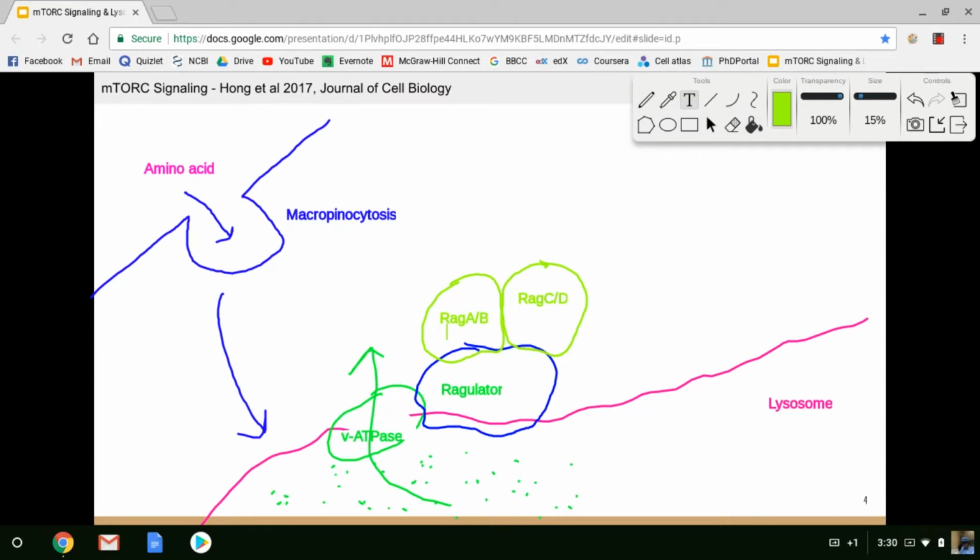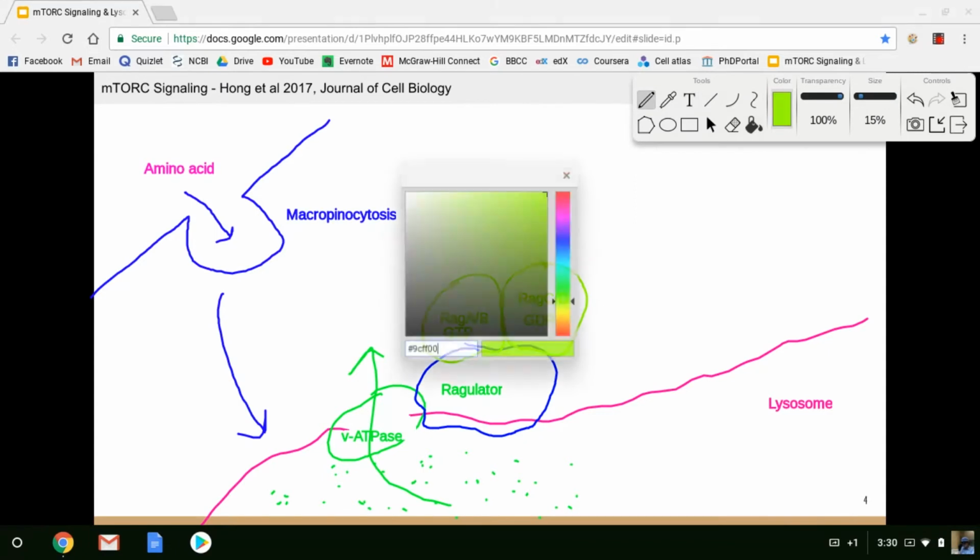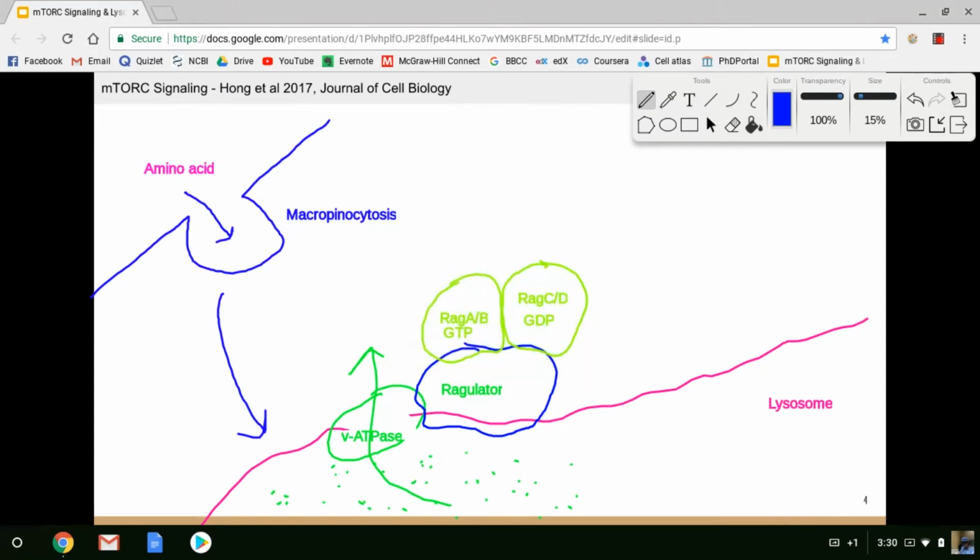But when Ragulator is activated by this VATPase, it gives GTP to RagAB, and it gives GDP to RagCD. When RagCD has GDP, it's inactive. And when RagAB has GTP, it's active. So this is going to be an active protein now.